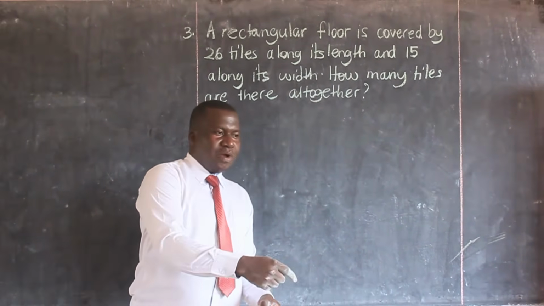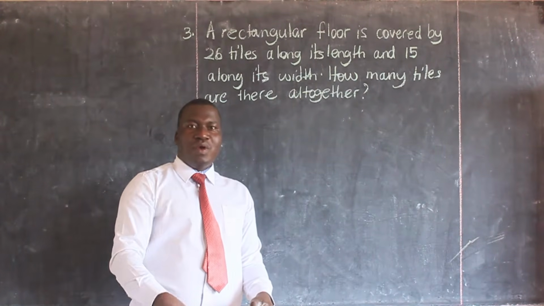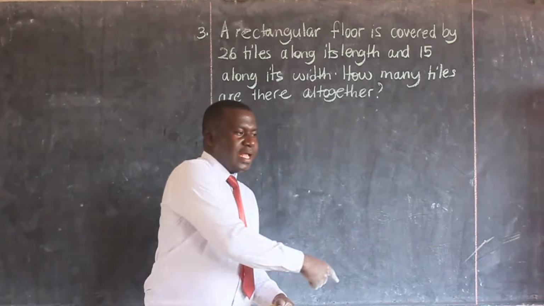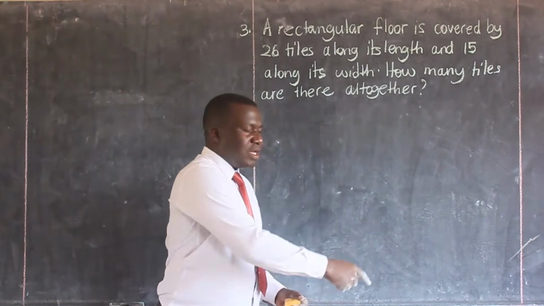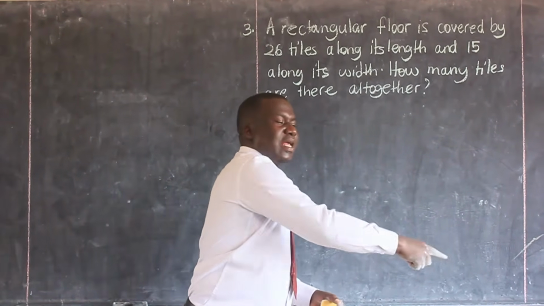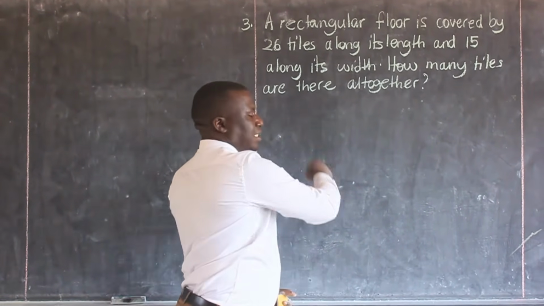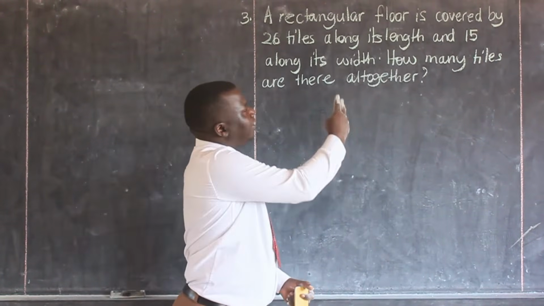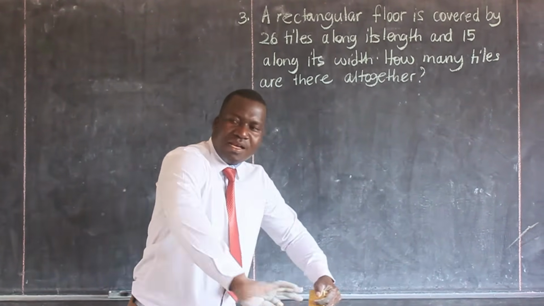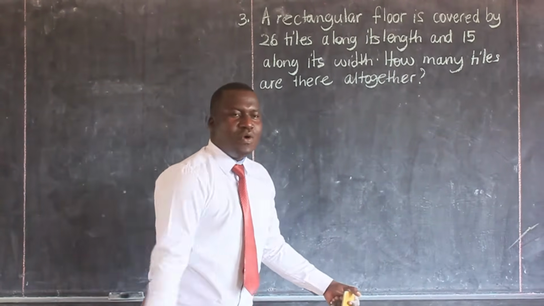Look at your class when you are at school, or even your sitting room. It is in the form of a rectangle, okay? And along the length, there are 26 tiles. Then along the width, there are what? 15 tiles.